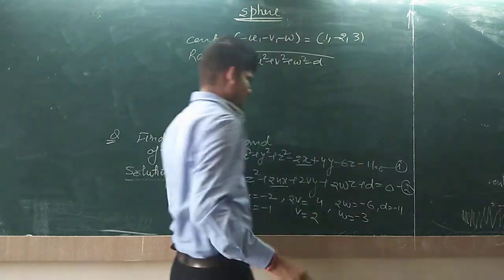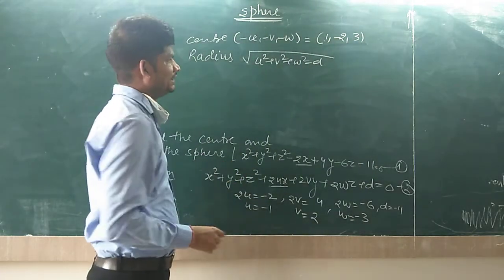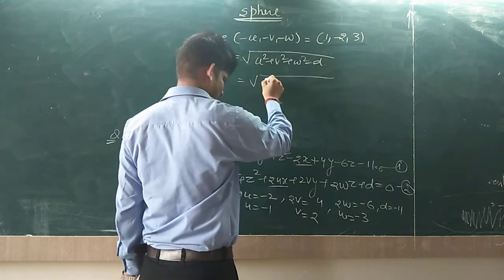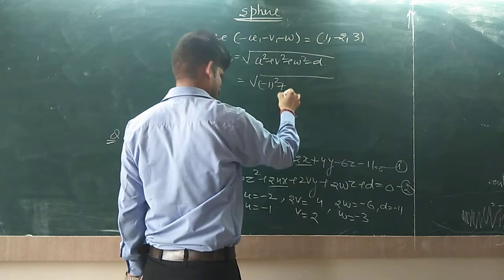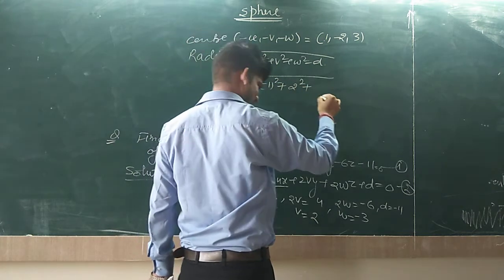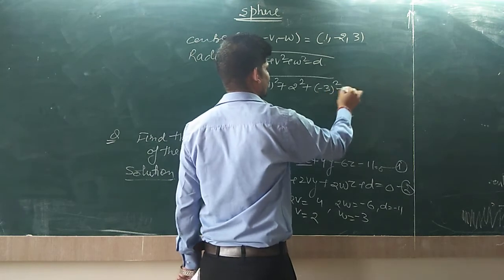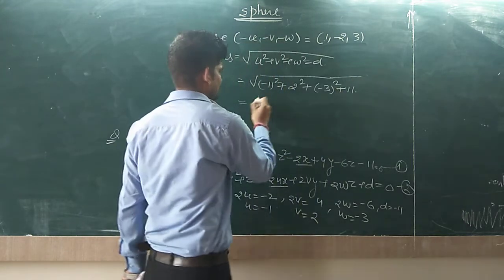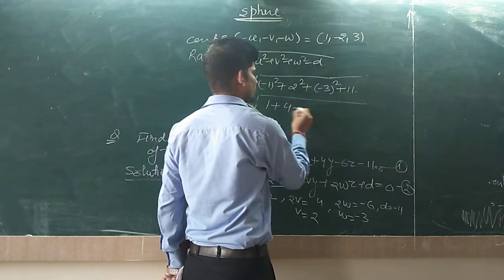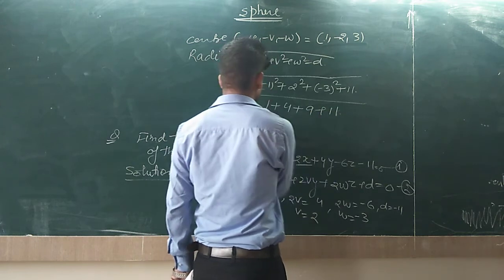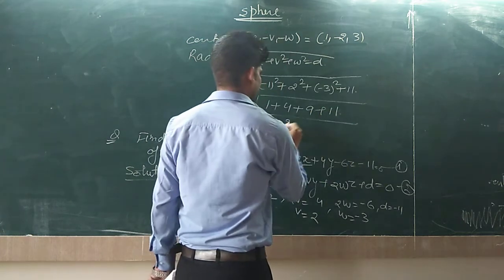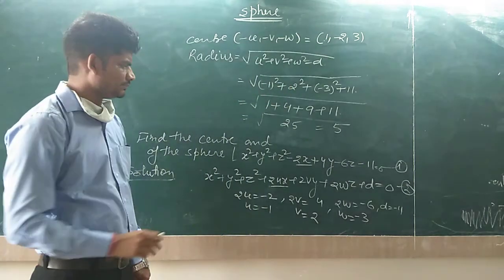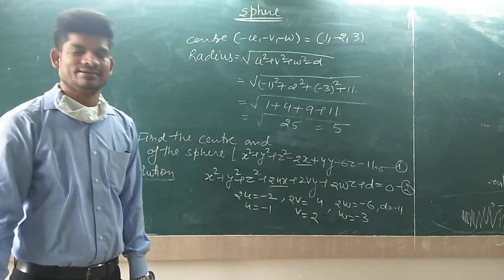This is the center of the sphere, and for the radius, putting the values: minus 1 square, 2 square, minus 3 square, minus d equal to minus 11, just like this. Then 1 plus 4, 9, plus 11, 25, radius 5. This is the process to find the center and radius.